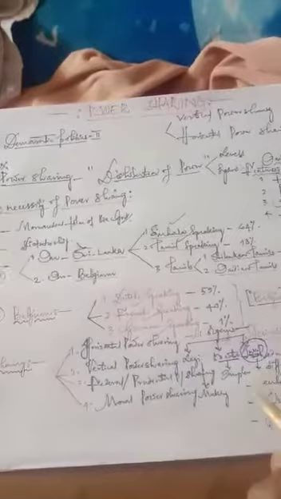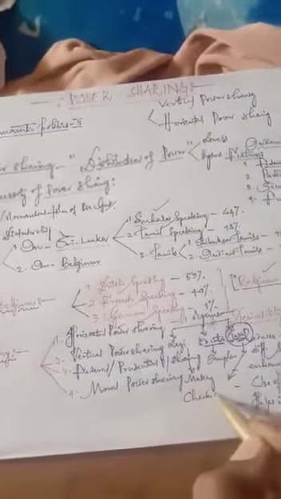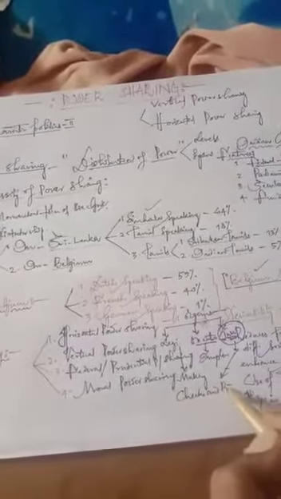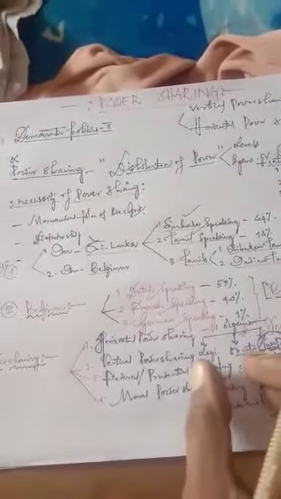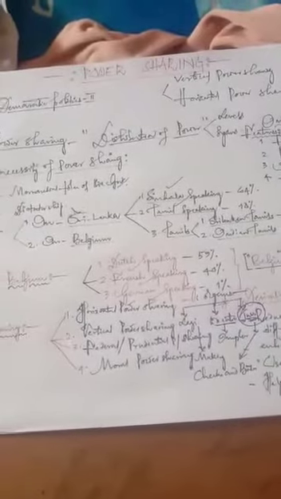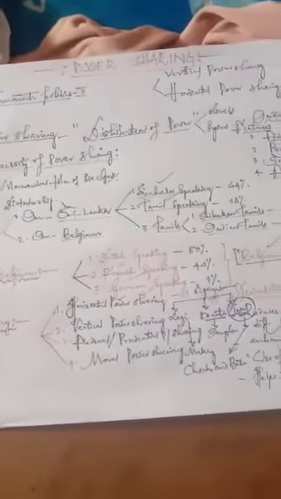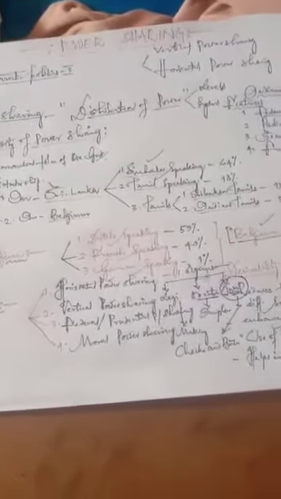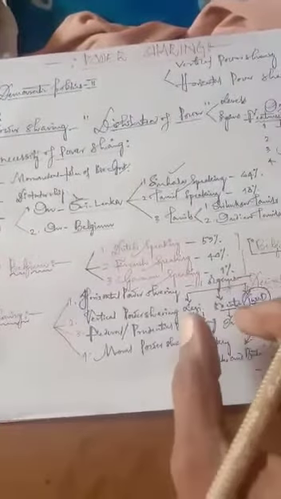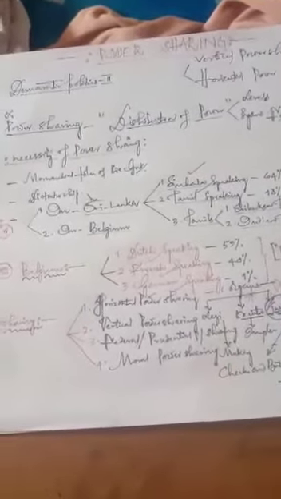Checks and balance: the Indian judiciary is called checks and balance. Why? Because it balances the powers between the legislative and executive, and it reduces the possibility of conflicts on powers, balancing the powers between these 2 major organs.